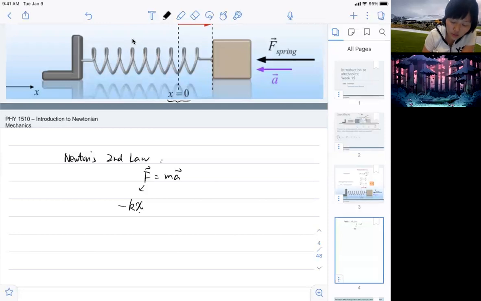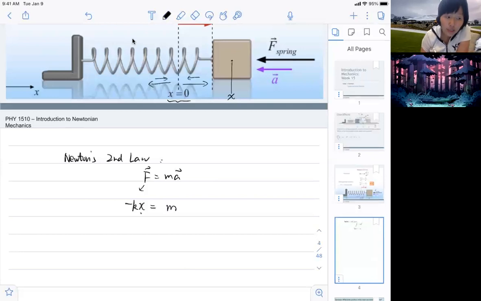So you can see that to the right is a positive x, meaning that your force is to the left. Now, if the mass is to the left, the spring is compressed and your force is to the right. So that negative kx describes the force in relationship to the location of the mass. Here x means the position of the mass.